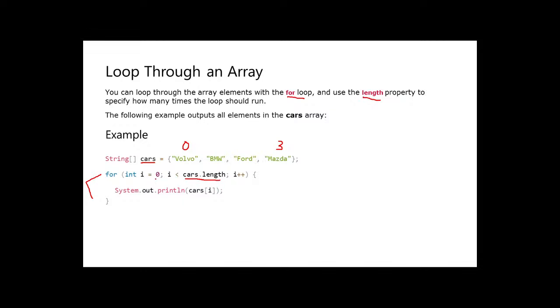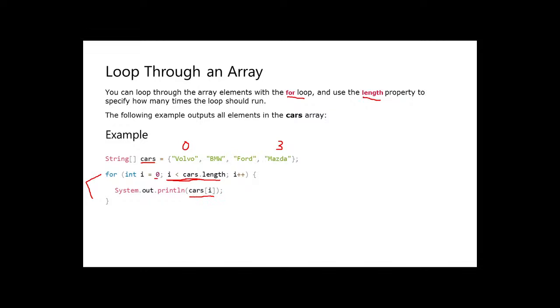So that means the i will start at index 0 and it will end at 3. The last value is 3 here. Then update is i++. So meaning it will start at 0 and then will become 1, 2, and then last value will be 3. So starting at index 0, it will print cars at index i.